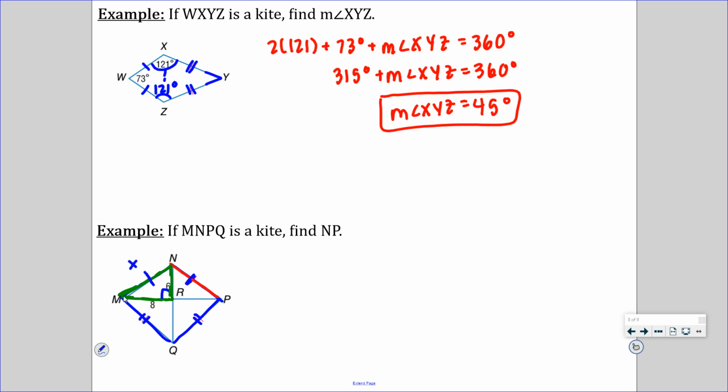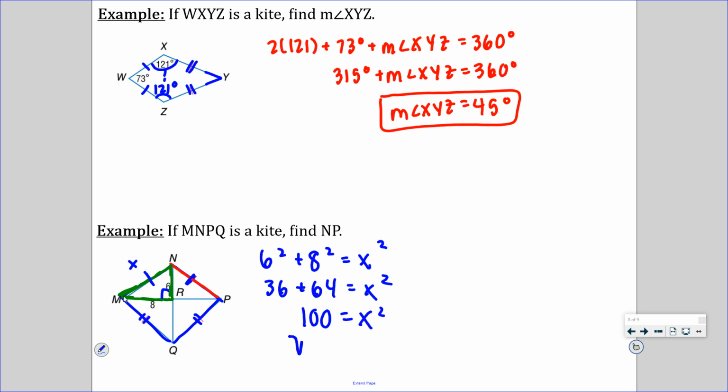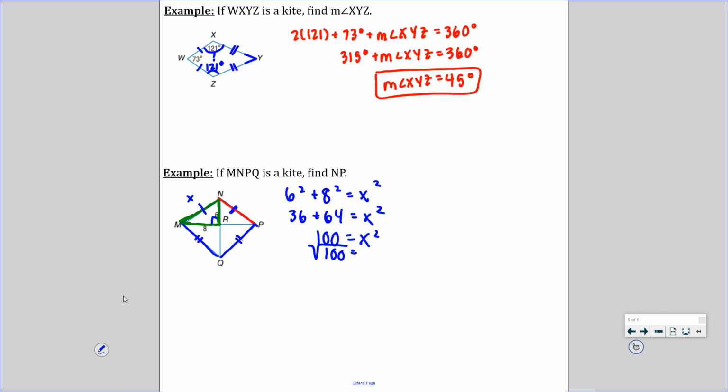Okay, I'm just going to call this X for now. Pythag, which is my two legs squared equals my hypotenuse squared. 36 and 64 would total 100. What's the square root of 100, team? 10. So X would be 10.